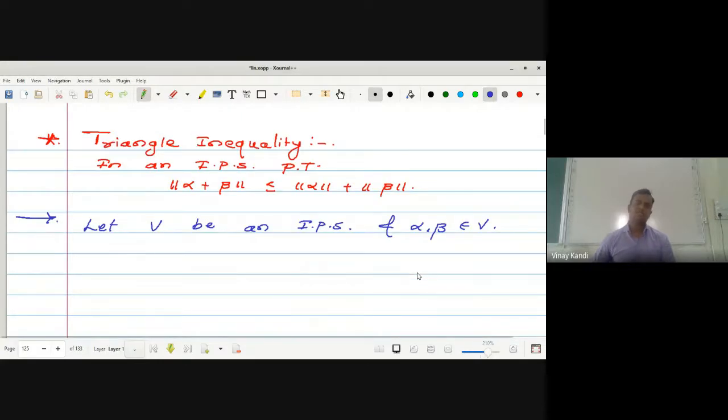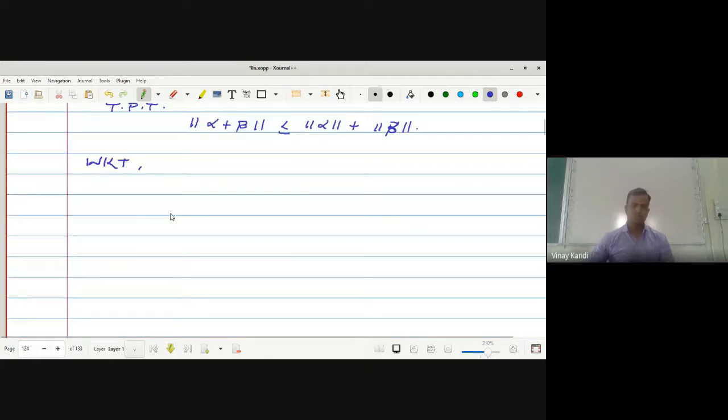Okay, let V be an inner product space and alpha and beta are two vectors belonging to V. Then we have to prove that norm of alpha plus beta is less than or equal to norm of alpha plus norm of beta. What is the definition of norm?